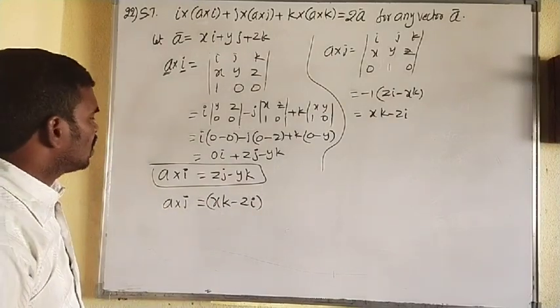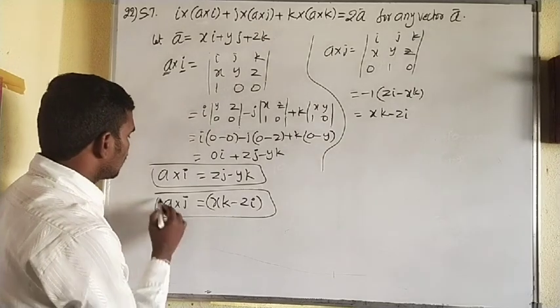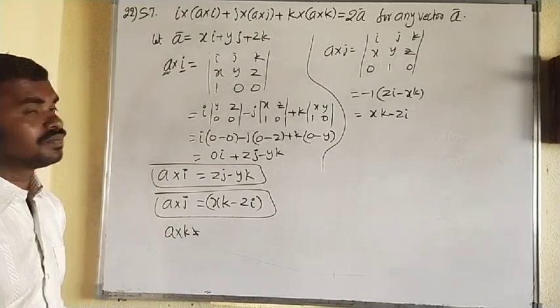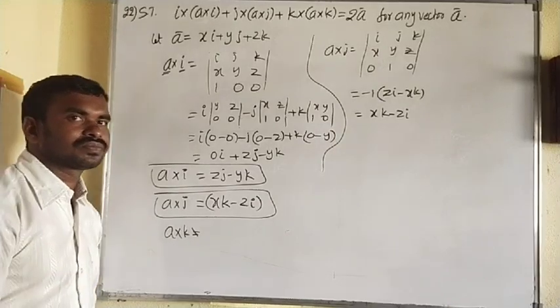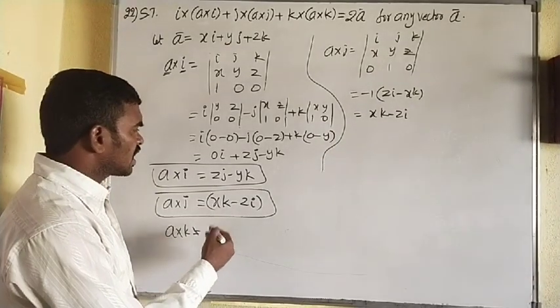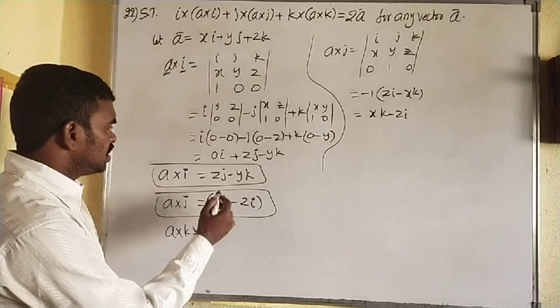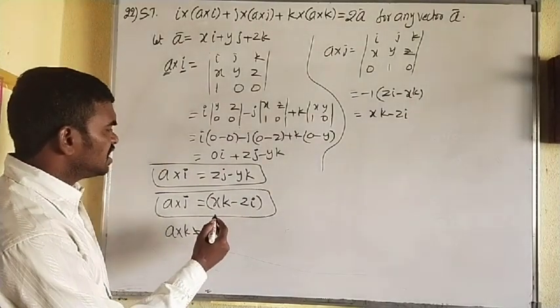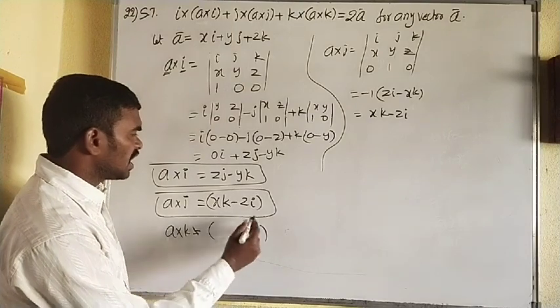Then after that, A cross k. Similarly, A cross k means ij terms only we can get. K term is not available.